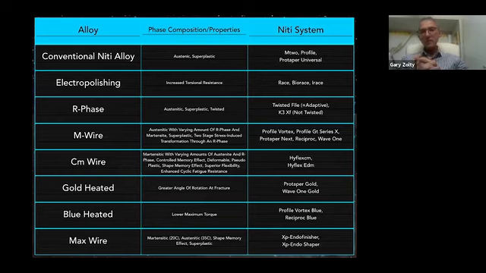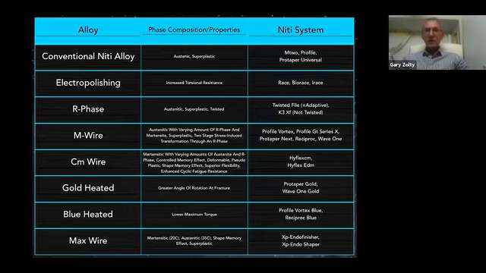R-phase is austenitic, superplastic, or twisted, that's the Twisted Files, K3XF, which is not twisted. M-wire is austenitic with varying amounts of R-phase and martensite, superplastic, with two-stage stress-induced transformation through an R-phase.